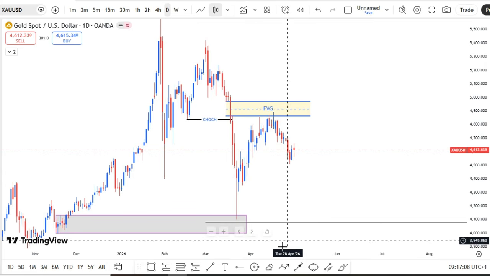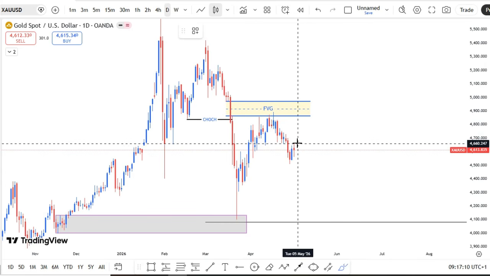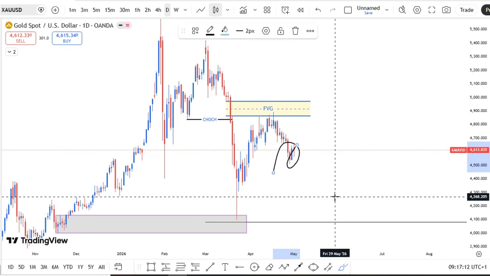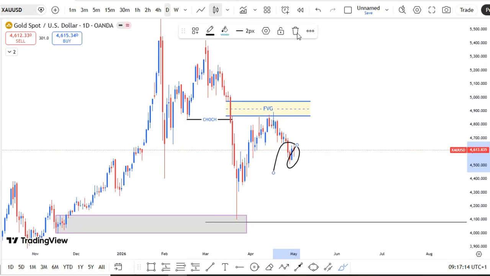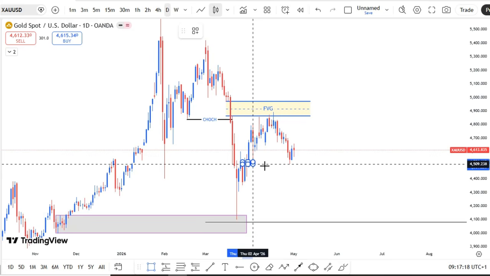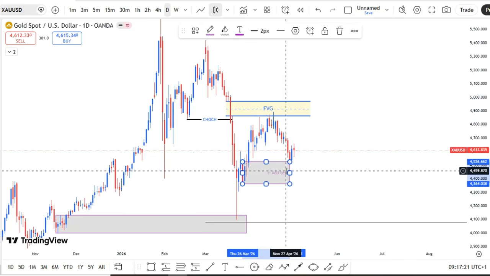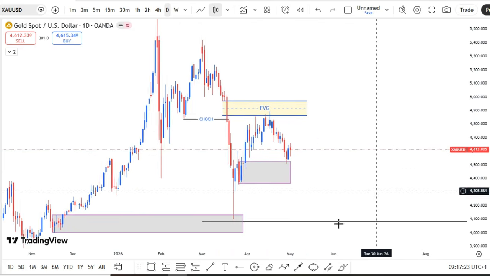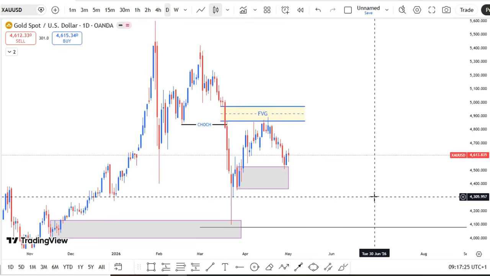Now for this short-term buy, we had that happen on Thursday and Friday. The level at which it was reacting from was this other block zone on the daily time frame.